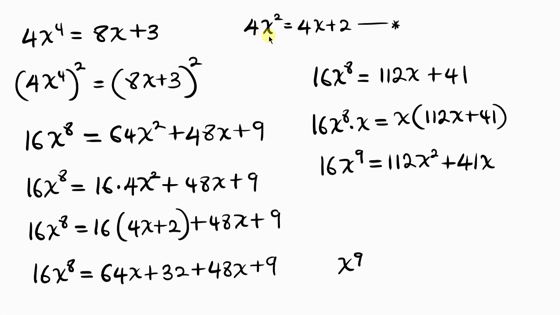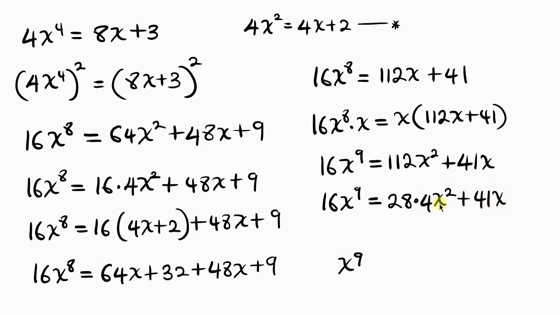So we're going to be making 112 to have 4x squared in it. And how do we do that? We have 16x to the 9 to be equal to, now 112 can be split into 28 times 4, and then we have x squared. So you see, we've got 4x squared once again, plus 41x.